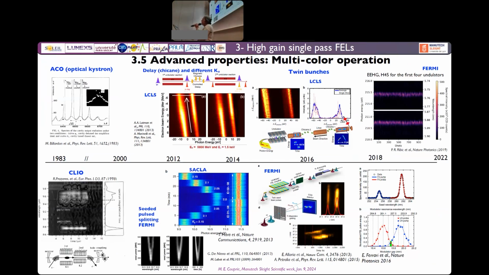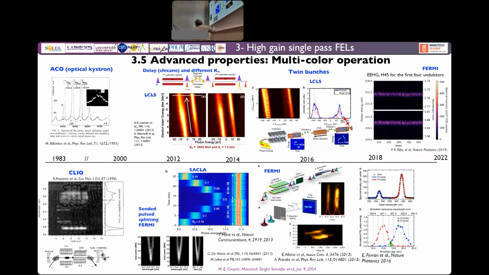Providing multicolor FEL with echo is very simple as well. So I put the example of Fermi, for instance. And here with oscillators, it has been developed also at Clio with two undulator segments tuned at different wavelengths.